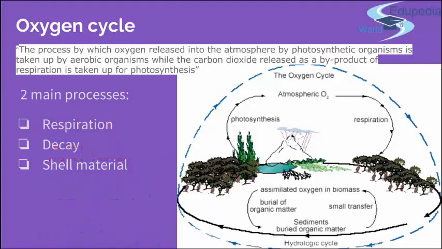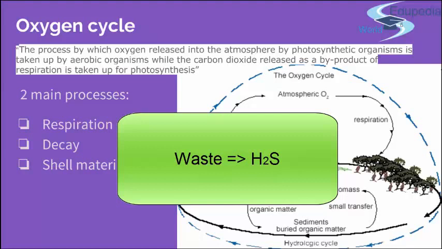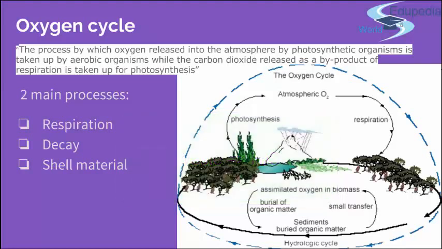If there is not enough oxygen available for the aerobic bacteria, because of enormous quantities of waste in a body of water, the aerobic bacteria die and anaerobic bacteria take over. They are the ones that don't need oxygen to survive. These anaerobic bacteria change waste material into H2S and some other poisonous substances.